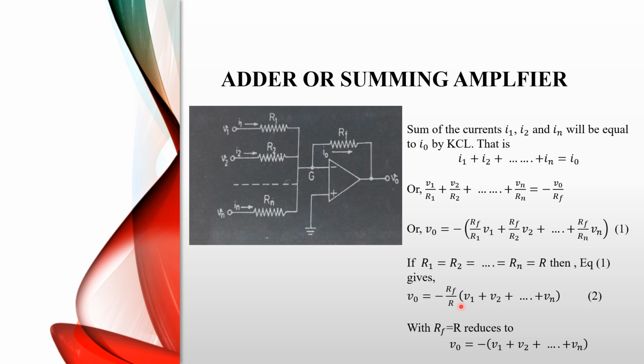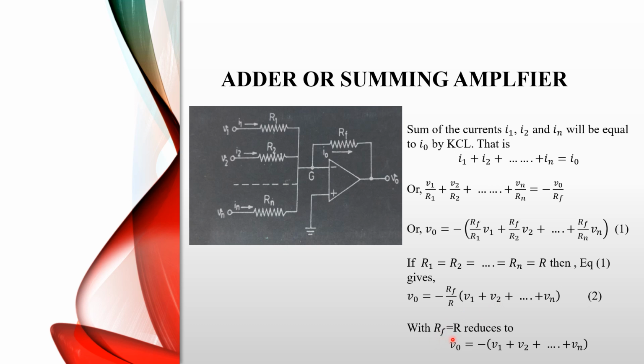Okay, so RF controls which type of gain we need. We need 10 times gain, or we need 4 times gain, or we need 5 times gain. According to our requirement we can choose the feedback resistor value. So this is the adder or summing amplifier by using op amp.